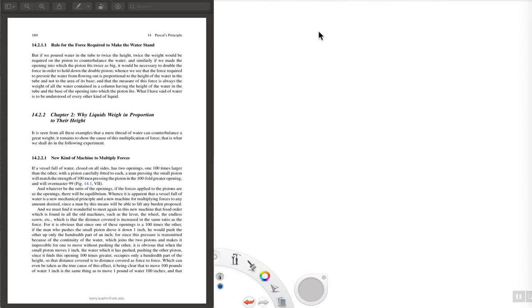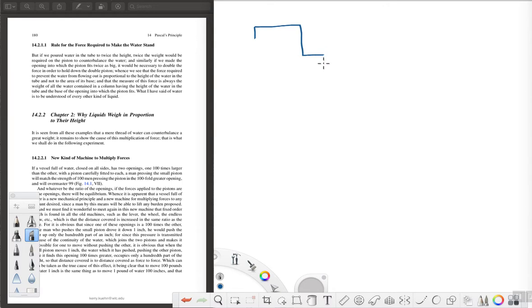Well, let's think about it in this way. Let's imagine that we have a chamber that has two openings. This is going to look a little bit different than the chamber that Pascal had been considering so far, but you'll see why I'm doing this in a minute.